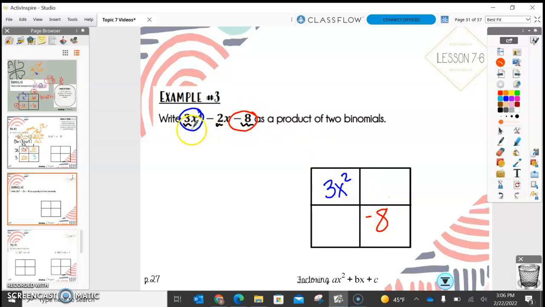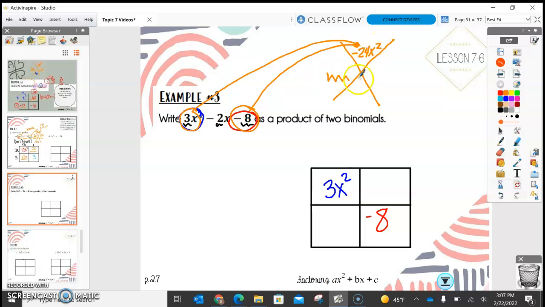Because this has an a value, we want to use that diamond again. So if I make my diamond, I know that my top term, this last term and this first term have to times to the top. So I have 3 times negative 8 is negative 24, and I have my x squared.